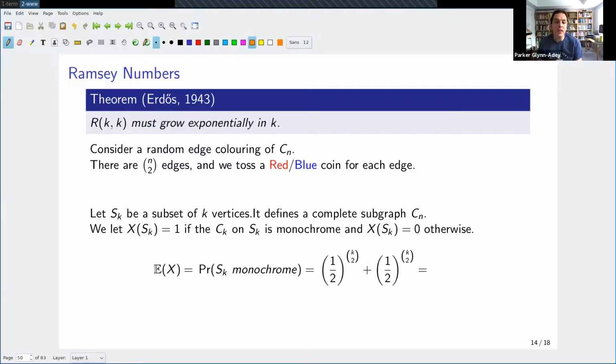Okay, so what do we need? Well, we can be monochrome red, right? All of the edges come out as red, or all of the edges come out as blue. Those are the 2 ways that something can be monochrome. And if we group that together, this is going to be 2 times one half to the k choose 2.